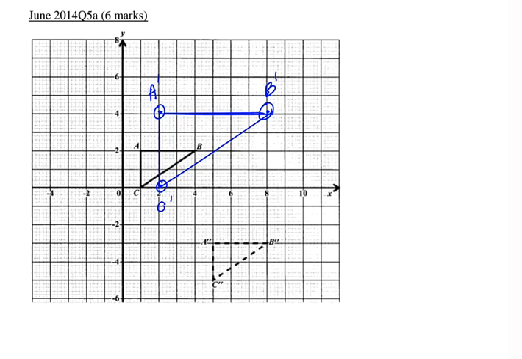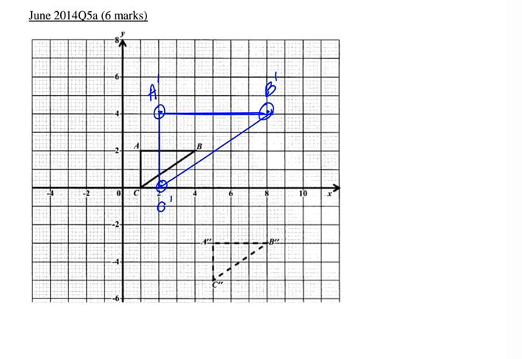Part II says triangle A double prime, B double prime, C double prime. That is this triangle here, bottom right. That triangle A double prime, B double prime, C double prime is the image of triangle ABC under a transformation M. Describe completely transformation M. All right, first we have to identify the transformation.